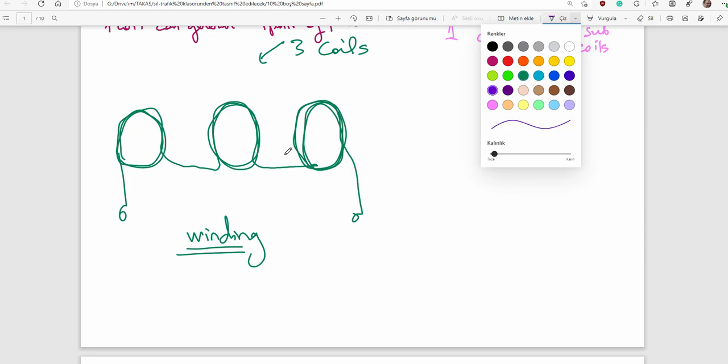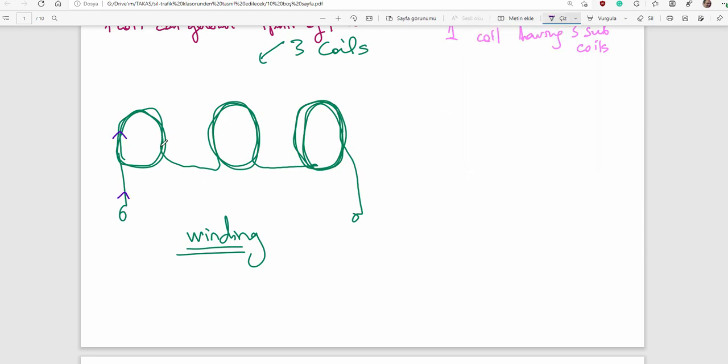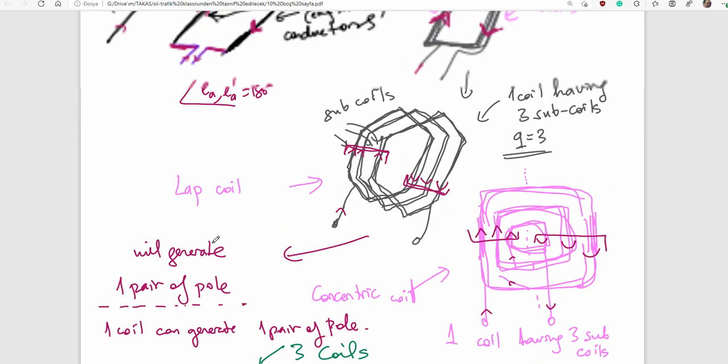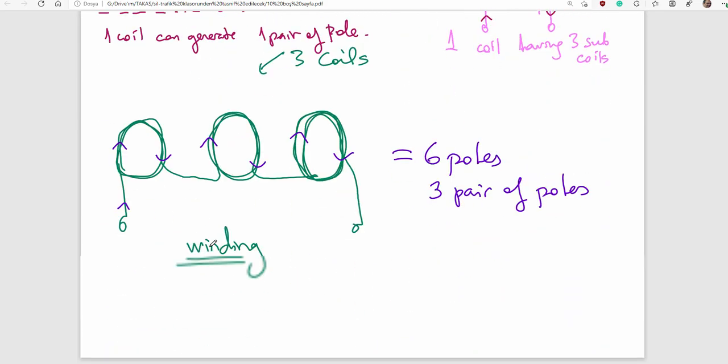Generally, they are connected in series to increase the voltage, and they are connected to each other properly to make many more poles. Here in this example, the machine can carry 6 poles, or 3 pairs of poles. Those are the coils. Okay. Let's give an example.